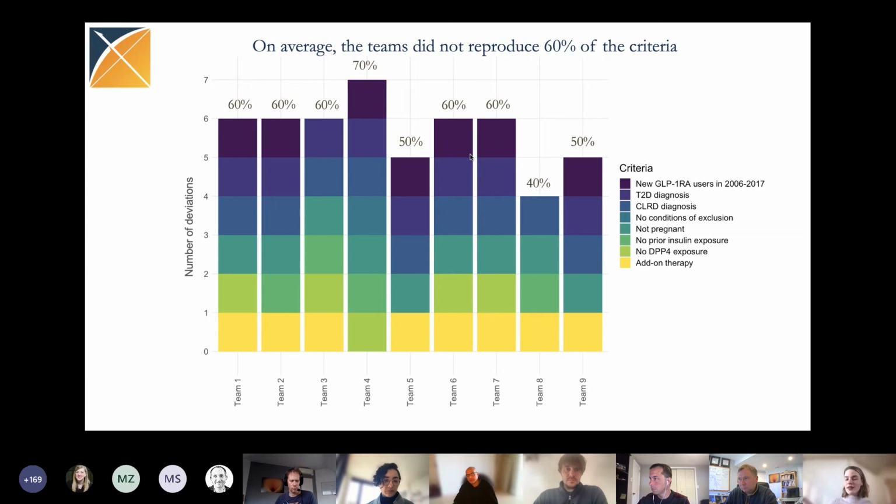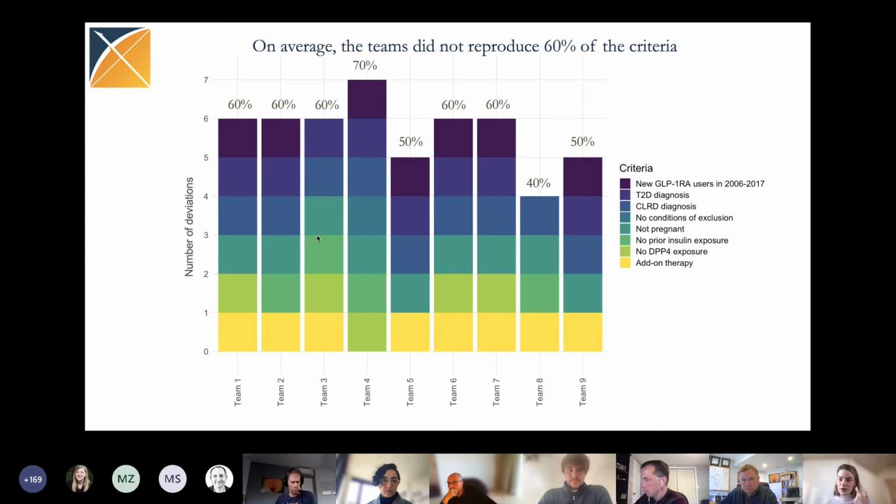If you look at the colors of the boxes that represent different criteria, you can see that different teams had different criteria wrong. So it wasn't like they got something very specific wrong; in fact, they had all kinds of different deviations from the overall picture.